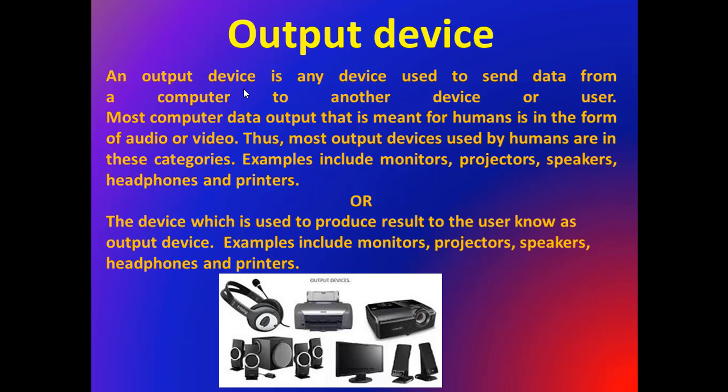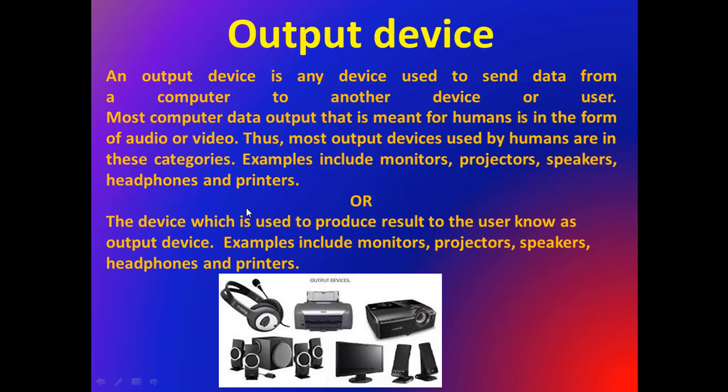For example, monitor, projectors, speakers, headphones and printers. In simple words you can say the device which is used to produce results to the user is known as output device. For example, your monitor, projector, speaker, headphone and printer.